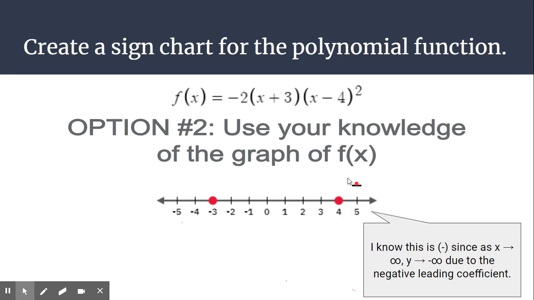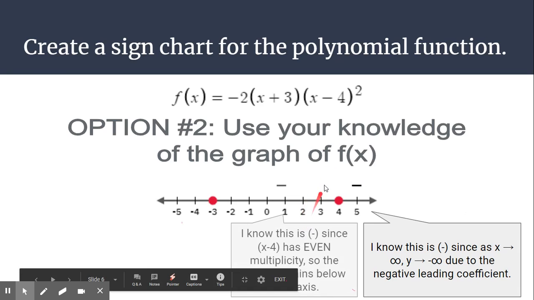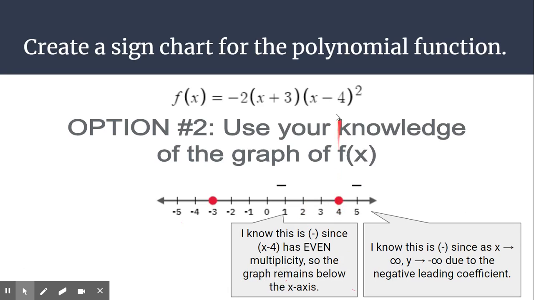From here, I'm going to keep working backwards. So when I think about this next section, I'm actually going to focus on the 4 for a second, and I'm going to go back to the equation. This factor has an even multiplicity. It has a multiplicity of 2. That is an even number.